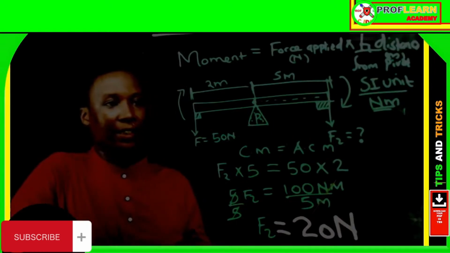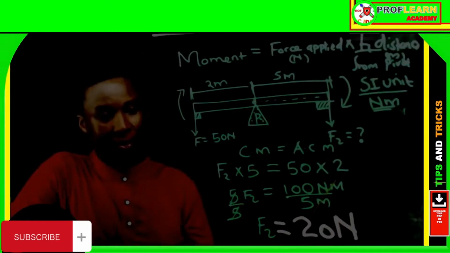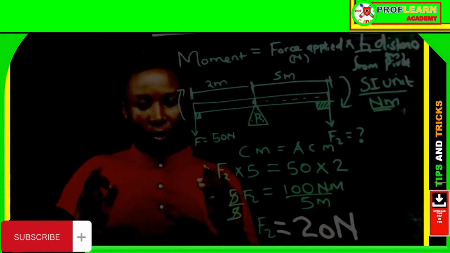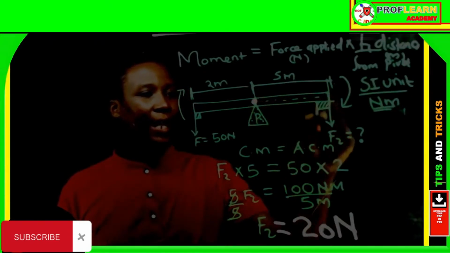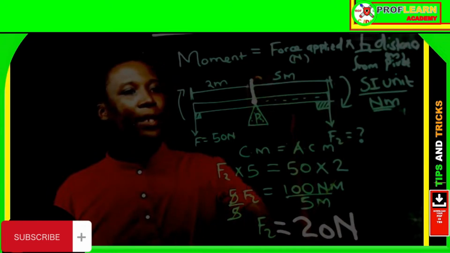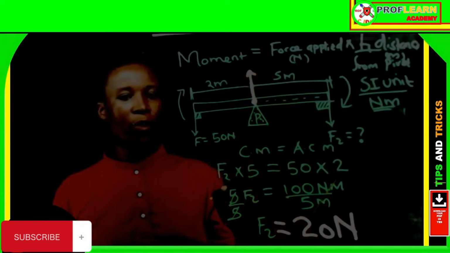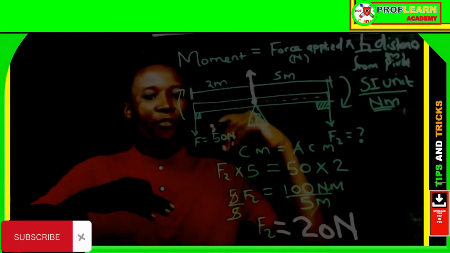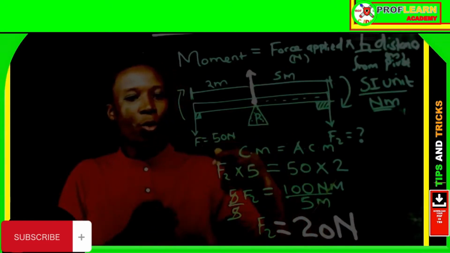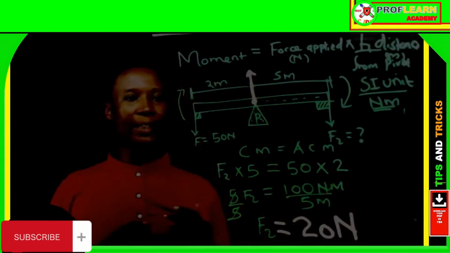I believe that is well understood. Now, another concept that you must also know is that since these forces are acting downward, there will be a reaction force from the pivot. Because the forces are pressing down, the pivot will exert an equal and opposite force acting upward.